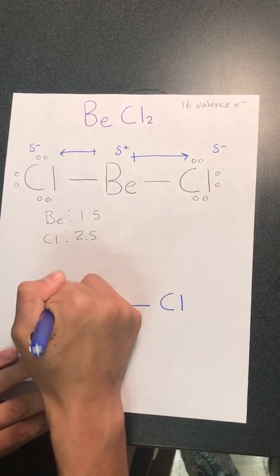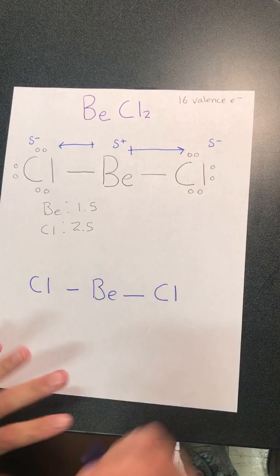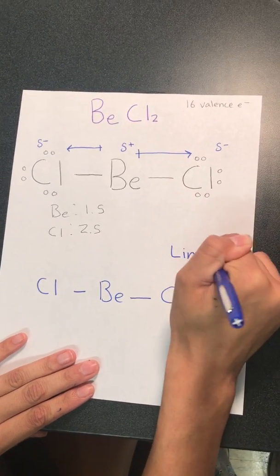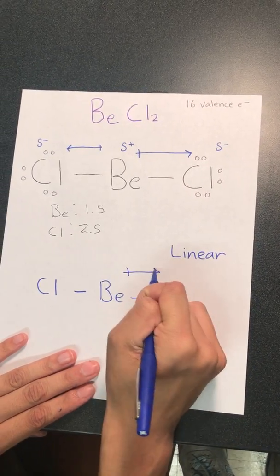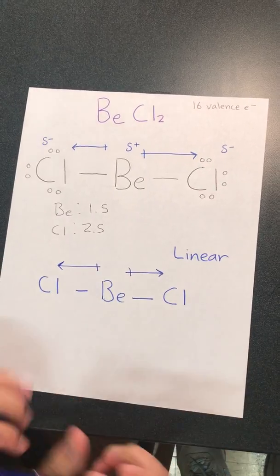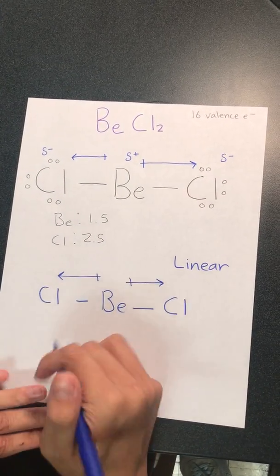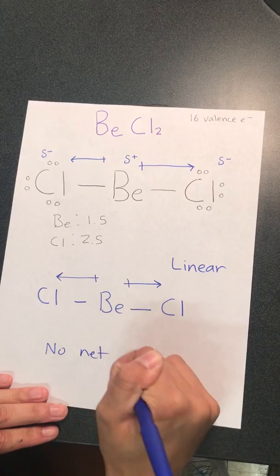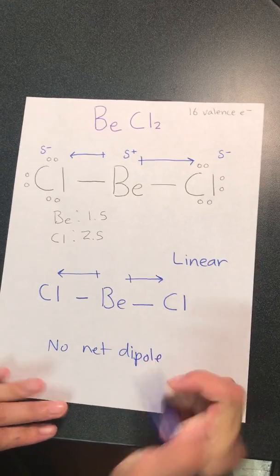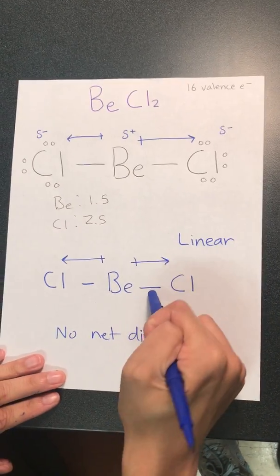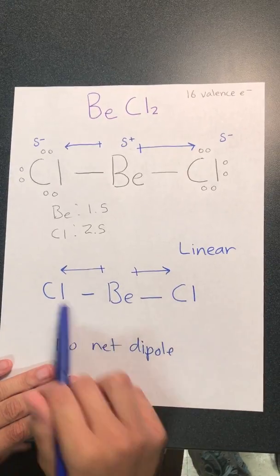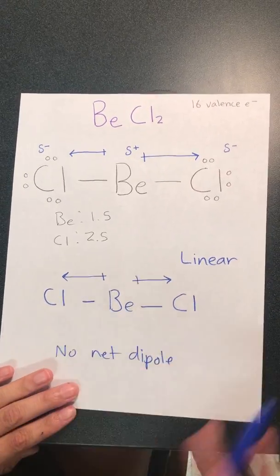So here's our molecular geometry. It is linear. We'll draw our bond dipoles, and there will be no net dipole because, again, we have single bonds and they cancel. All the domains are the same, so there's no net dipole.